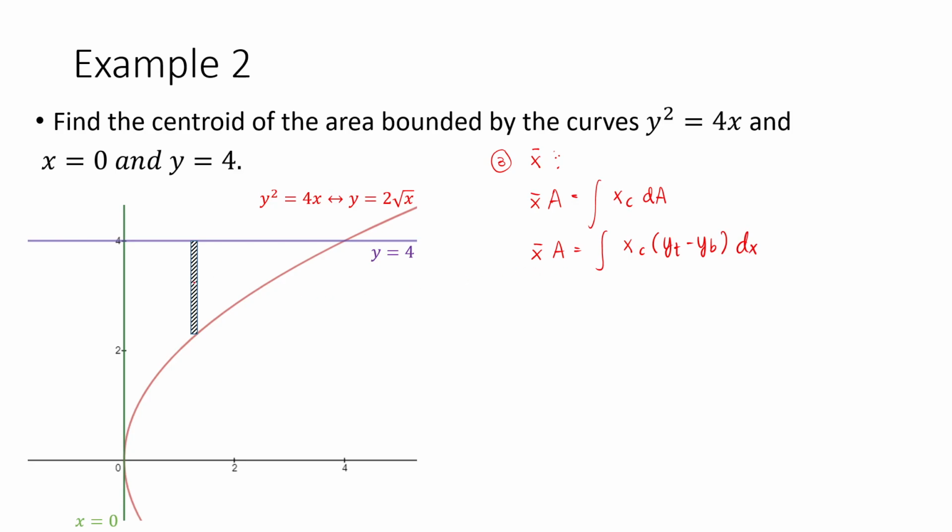Then since our variable of integration is with respect to x, if this one is our x sub c, notice that it's in the line of direction of the x-axis. So this will be x unknown units. So this will translate into bar x times the area is equal to x times y top minus y bottom dx.